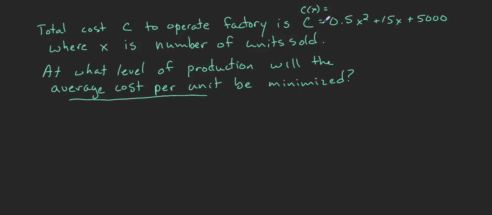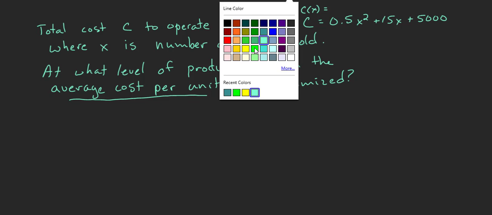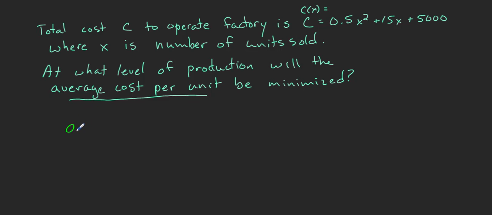Well, if this is the total cost, what would the average cost be? The average cost is equal to the total cost divided by the number of units sold. That'd be the cost per unit. All right, so we need to minimize this function.